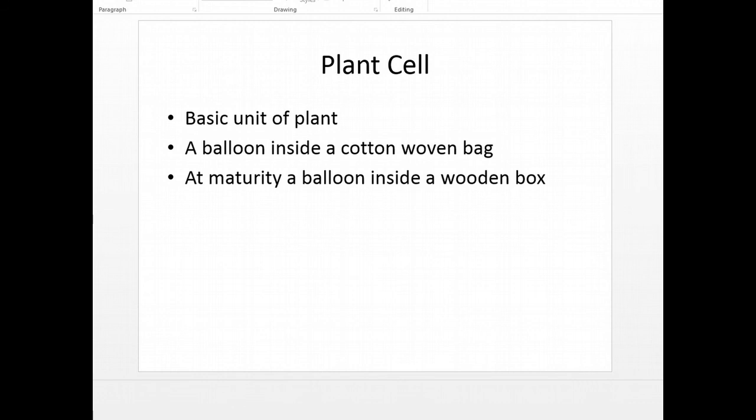Plant cell, basic unit of the plant. Like I said, you can visualize it as a balloon inside a cotton woven bag, and then at maturity that becomes hard. It becomes wood. So it goes from sort of a primary cell wall, like I said, a burlap bag, or a bag made out of cotton fibers. Much more complex than that.